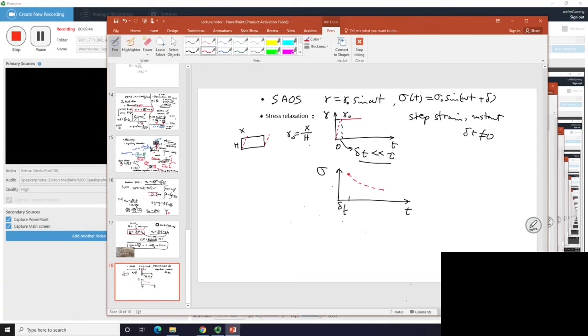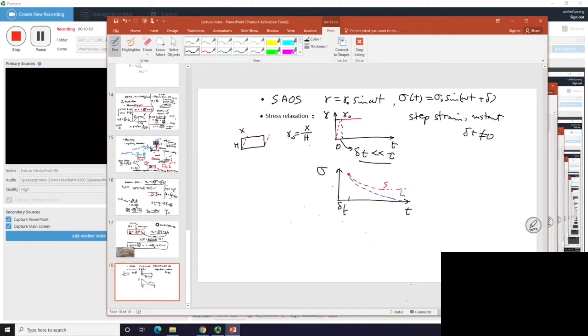If it's a solid, it will not decay to 0. If it's a liquid, it will eventually go to 0. That's the basic story. So if it's a solid, eventually it will just level off.